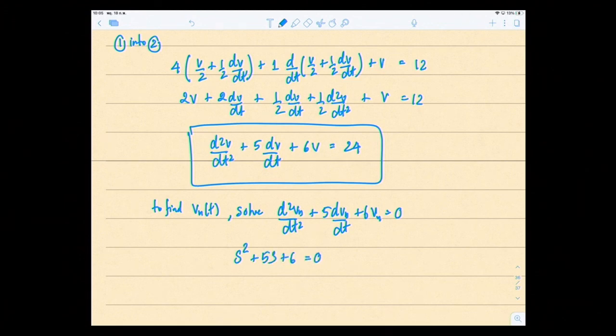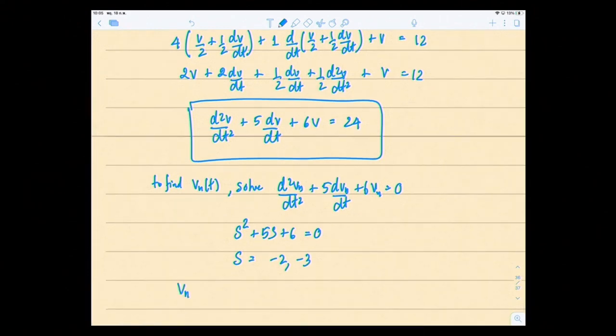So therefore, s is, 3 times 2 is 6, and 3 plus 2 is 5, so it works out. So s equal to minus 2 and minus 3. Okay. So therefore, Vn of t is equal to a e to the minus 2t plus b e to the minus 3t volt.